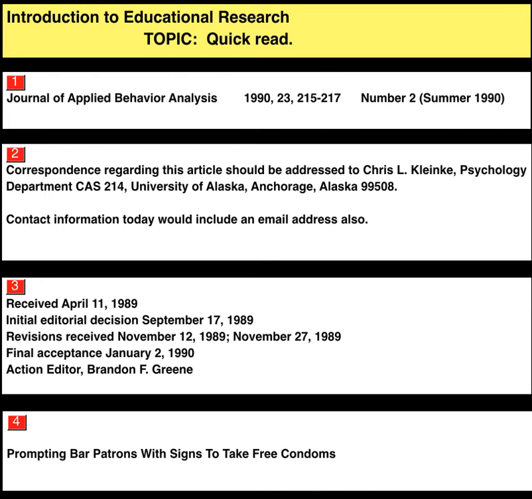Now let's take a look at the very bottom left side of page number 1 on your article. That's represented by the red box number 2 on your screen. This is information on who to contact if you have questions concerning the research, or if you're looking for further resources on the topic.